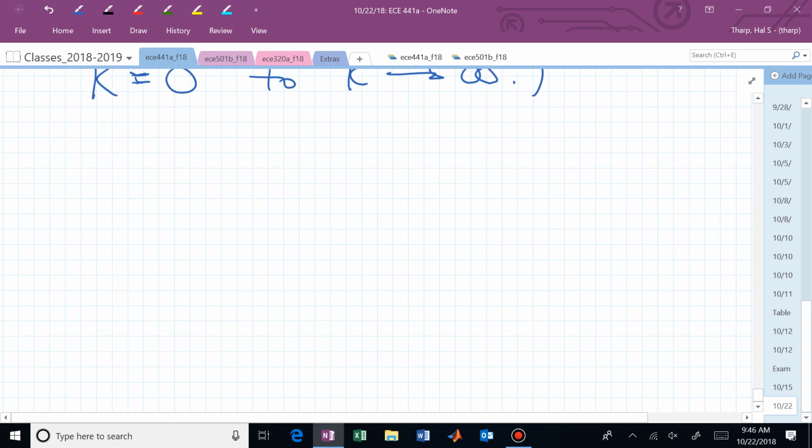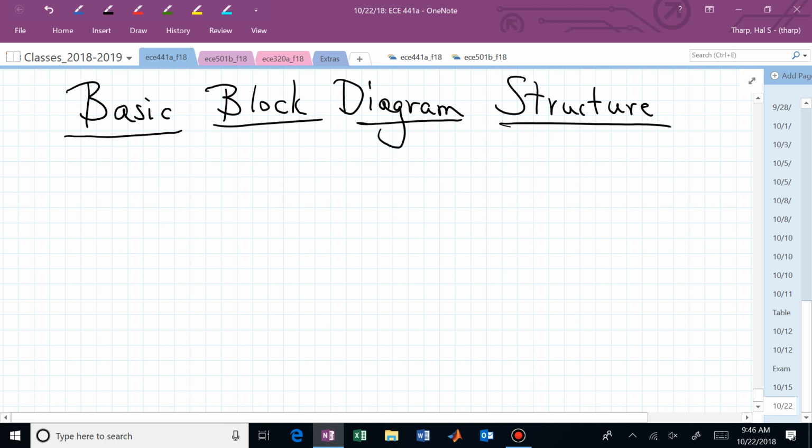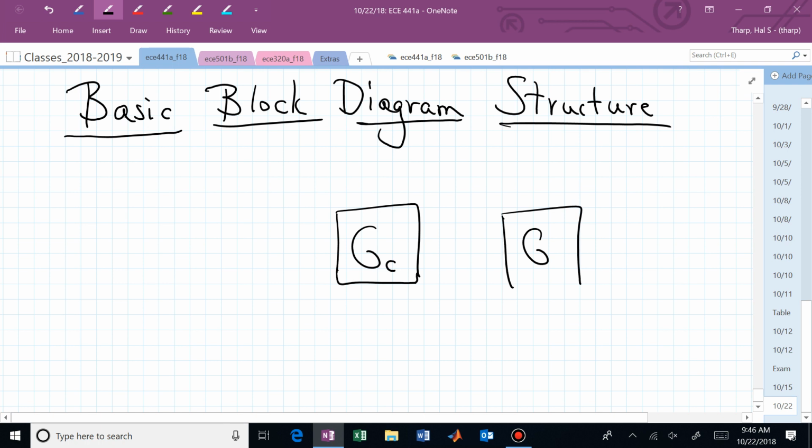Then we're ready to get back to our basic block diagram structure that we will use during this root locus discussion. Suppose I have a controller and a plant or a system, and maybe I also isolate the gain in my system outside that set of poles and zeros in G sub C. Here's the controller.